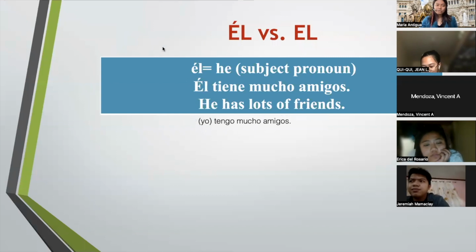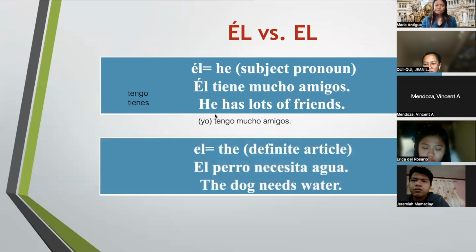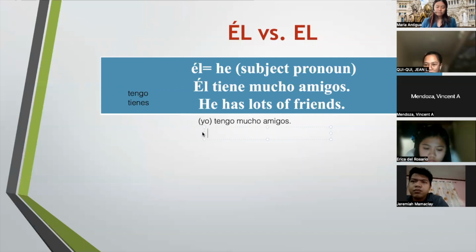So when we use it in the second person, tienes. ¿Cuántos años tienes? Yeah. ¿Cuántos años tienes? So, tengo, tienes. ¿Cuántos años tienes? You remember that? Tienes. So, sorry, not yet for that. Tú tienes muchos. Oh, sorry. It should be edited already.